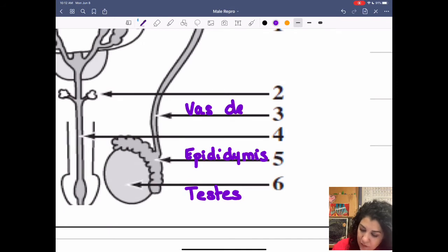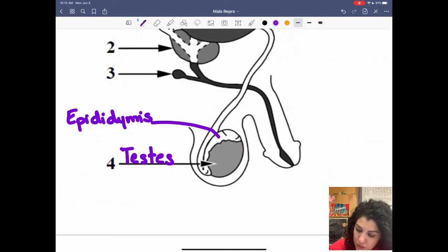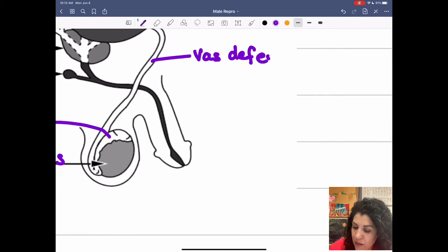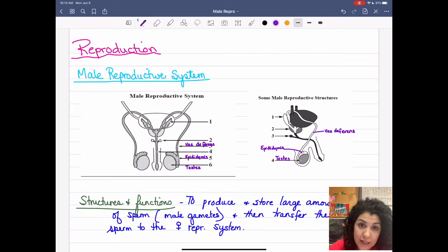Here, again, it's not labeled, so we can label it right up here, vas deferens. And there are 2 of them, as you can see, one on each side, one for each of the testes.